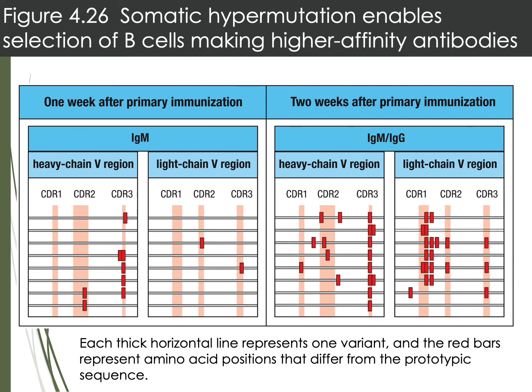We can see here after vaccination, if you look at where the red dots are, these indicate amino acids that have been changed from the original sequence. And if you look at 2 weeks after primary immunization, you can see there are additional mutations that have happened, again from somatic hypermutations. So the B cell is always trying to edit and improve the antibodies.